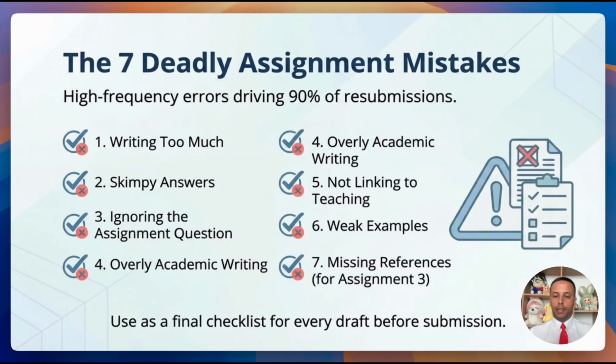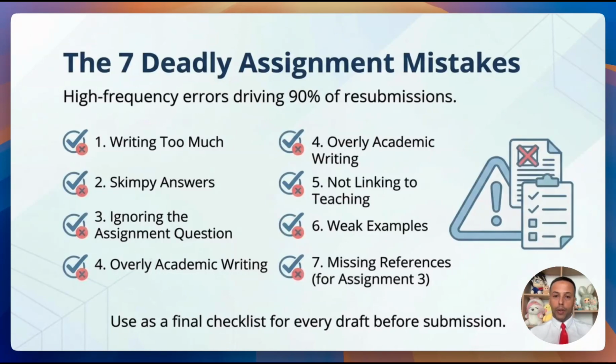Your analysis exists in a vacuum. You haven't connected it to classroom practice or learner needs. Mistake 6, weak examples. Your example sentences are unnatural, decontextualized, or at the wrong level. So examples here matter.